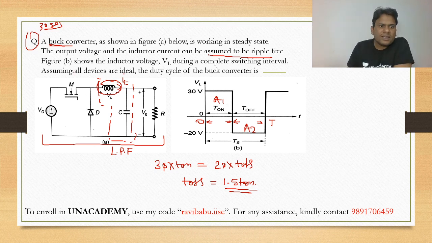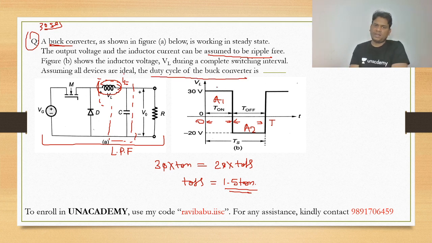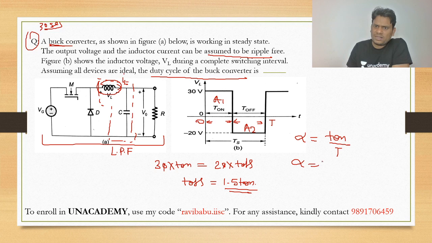Now, assuming all devices are ideal, the duty cycle of the converter. Duty cycle is nothing but alpha equals T on by T. T we can write as T on plus T off, and T on plus T off is equal to 1.5 times T on plus T on.